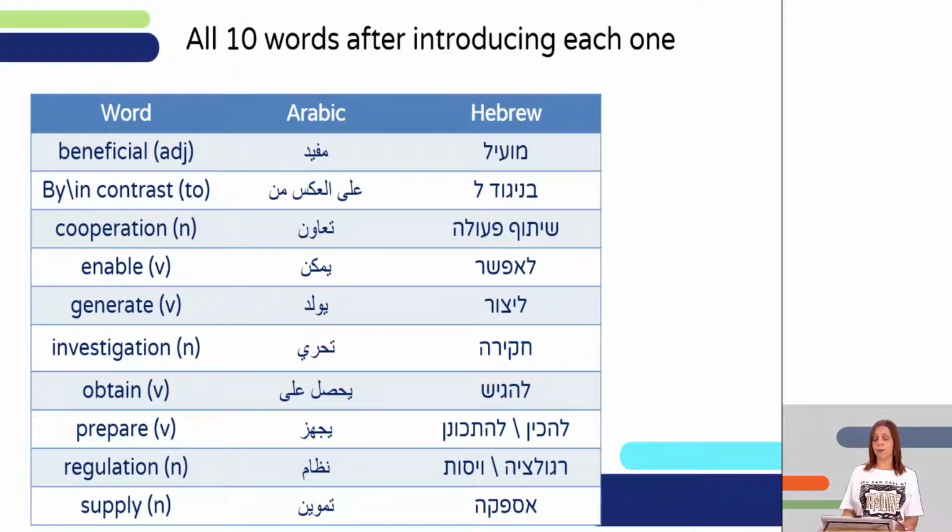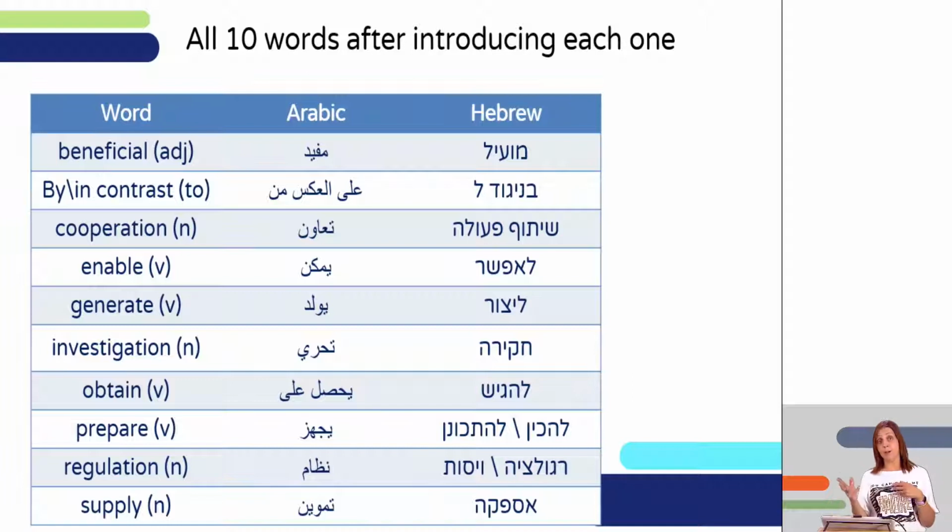So here we have the first word we learned, beneficial, and we said that it is an adjective which describes a noun. Then we have the word cooperation. Cooperation, we said working together, is a noun, and usually words ending with T-I-O-N are nouns.